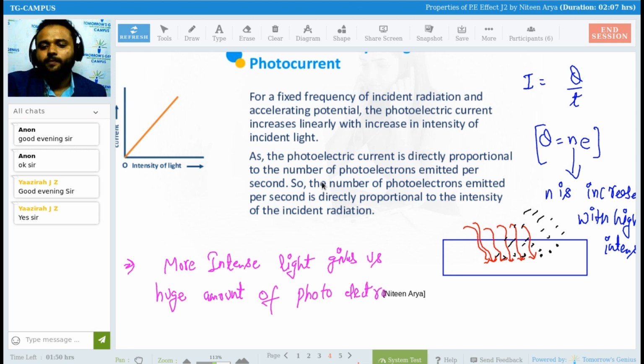What are photoelectrons? The electrons which are generated by the photoelectric effect. Clear?